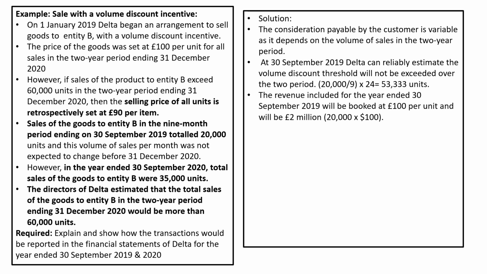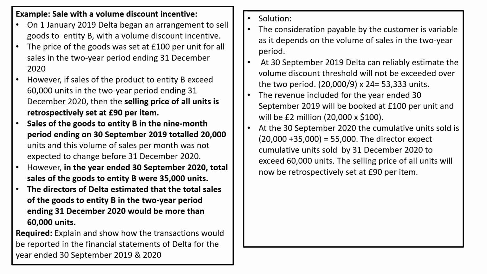The revenue included for the year ended 30th of September 2019 would be booked at £100 per unit and would be 2 million, which is 20,000 units times 100. At 30th of September 2020, the cumulative units sold is 55,000.